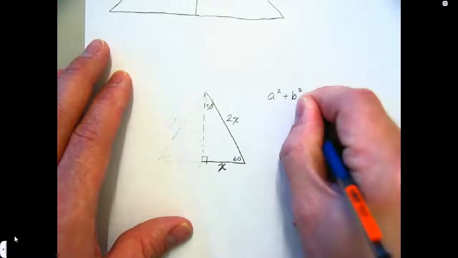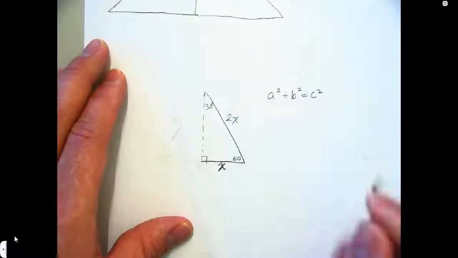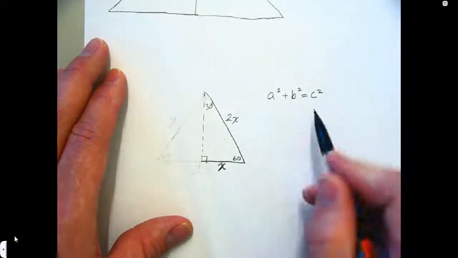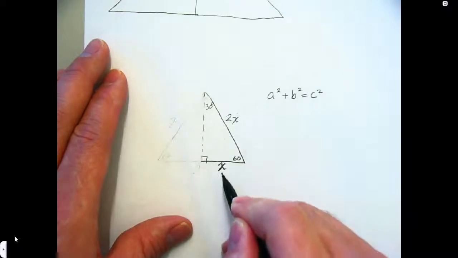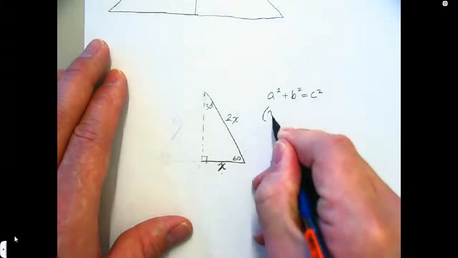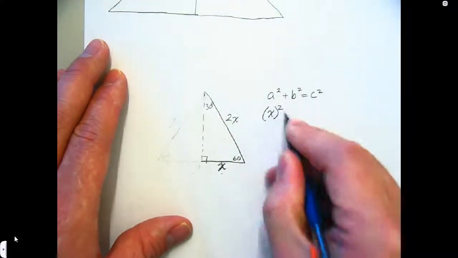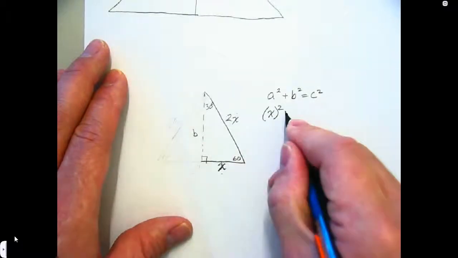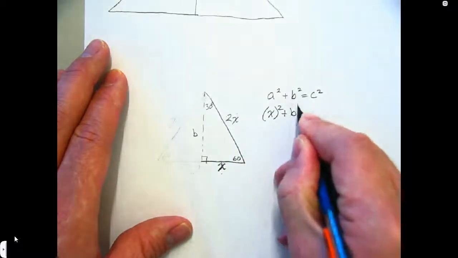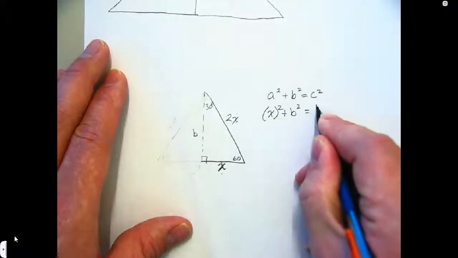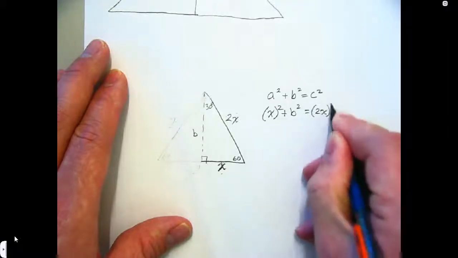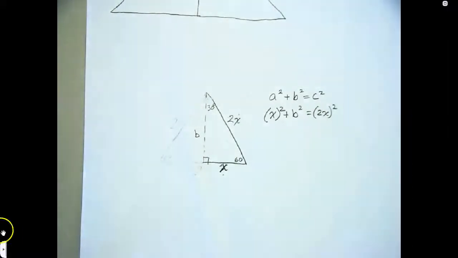How about, let's start with, yes, we'd use the Pythagorean theorem. It's not quite 2x minus x. It would be, so it'd be x squared. If we called this b, I want you to use the Pythagorean theorem and find out what b is there.